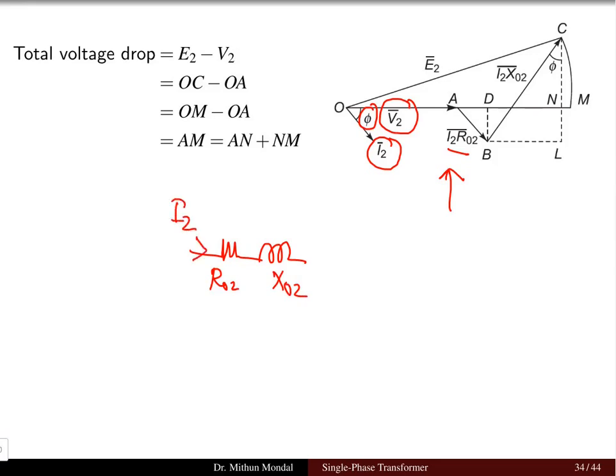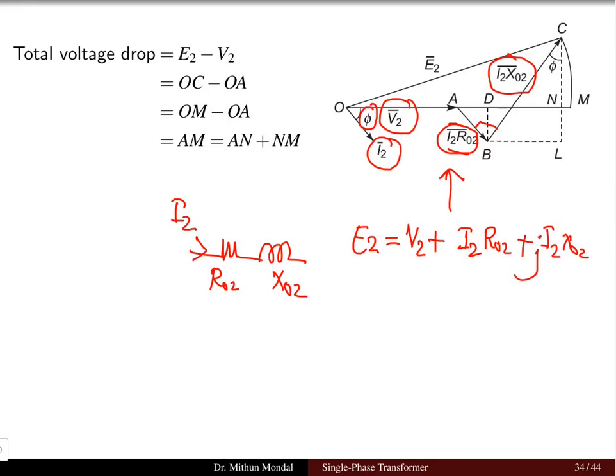So I2 R02 is the total resistive drop, and I2 X02 is the total reactive drop, which is at 90 degrees with respect to I2 R02. Hence, in the secondary loop, the KVL equation we can write as E2 is equal to V2 plus the total drop in the transformer due to R02 and the total drop due to X02.